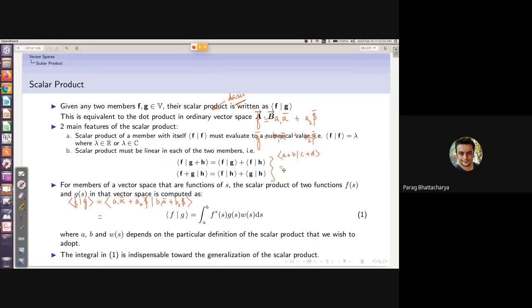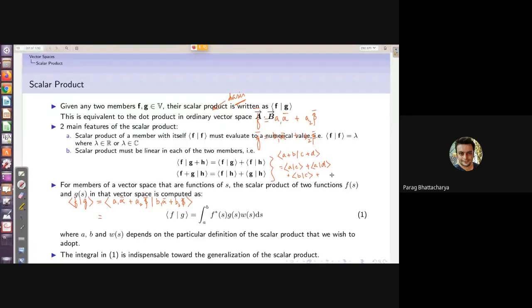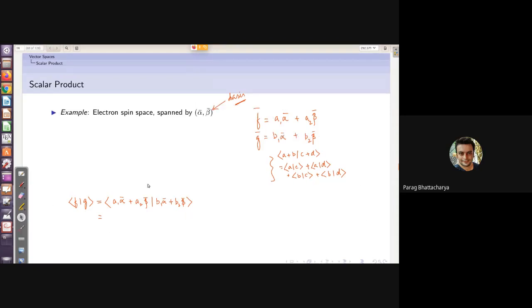First take a, so we have the scalar product of a and c, then the scalar product of a and d, then you take b, the scalar product of b and c, and lastly the scalar product of b and d. This is what we will have, right?